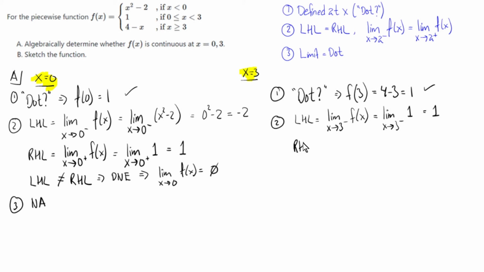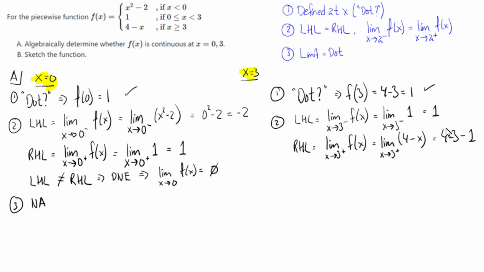Your right-hand limit. So the limit as x tends to 3 from above this time of f of x. So this time x is slightly larger than 3, so we're looking at the function being defined as 4 minus x. So we can write it as limit as x goes to 3 from above of 4 minus x. We substitute in the x. We're going to get 4 minus 3 equals 1.